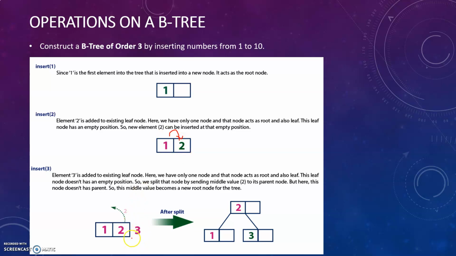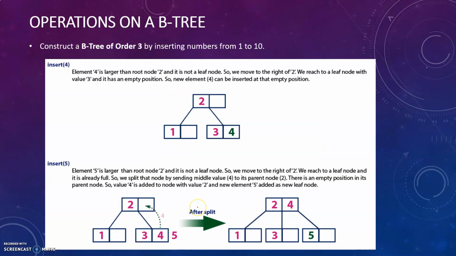Then when I insert 3, you can see the node is full. So I split the node by moving the middle element to the top, and 2 becomes the root element. Similarly, 4 is greater than 3, and the right side of the 3 had a vacant space, so you place 4 over there.